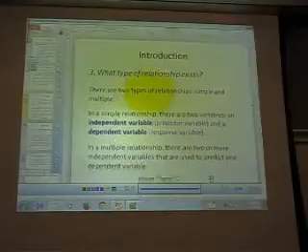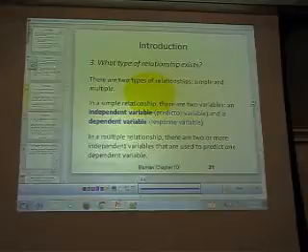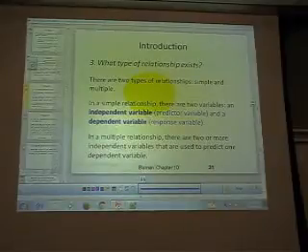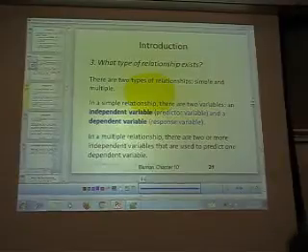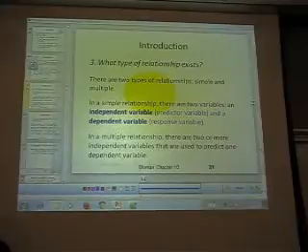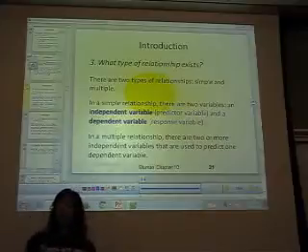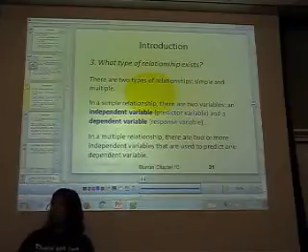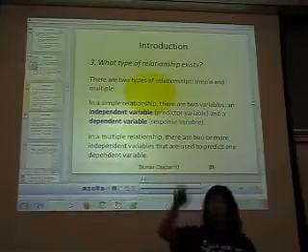Gabriel, go ahead. What type of relationship exists? There are two types of relationships, simple and multiple. In a simple relationship, there are two variables, an independent variable, or predictor variable, and a dependent variable, or response variable. Do you guys remember that from chapter 1 or 2 where we had our X variable, our independent variable, the one we can mess with, the one we can control, and the dependent variable, that was the y-axis.